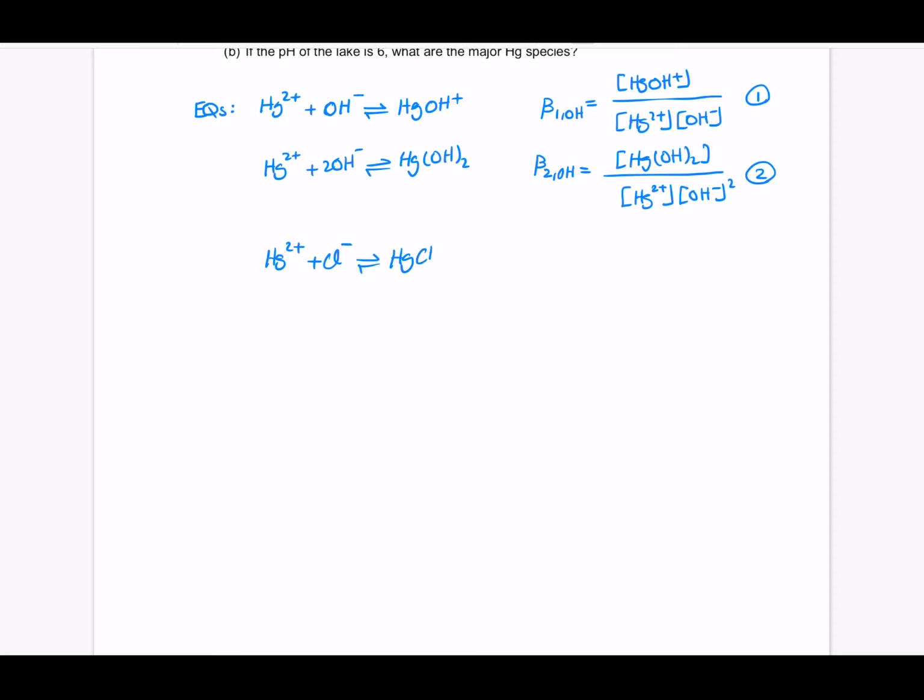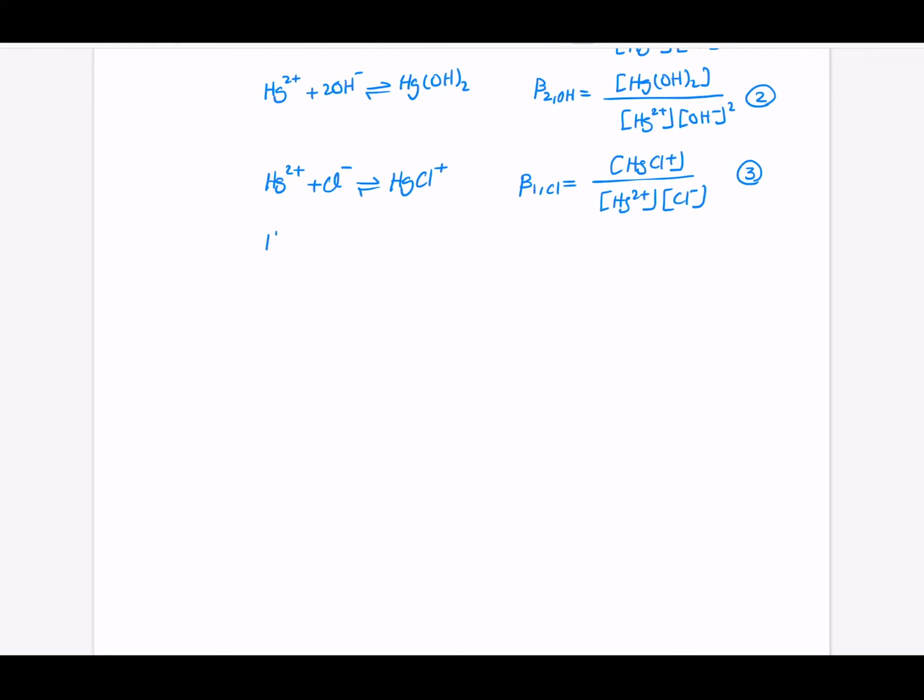So HgCl plus, and this is represented by beta 1 of Cl, HgCl plus over Hg2 plus, Cl minus. Relationship 3, and then this proceeds up to 2 Cl.